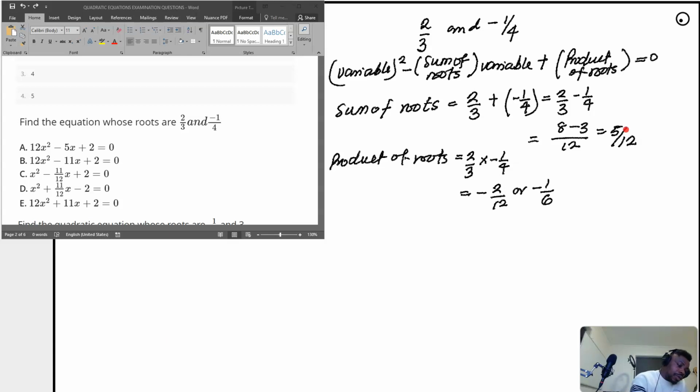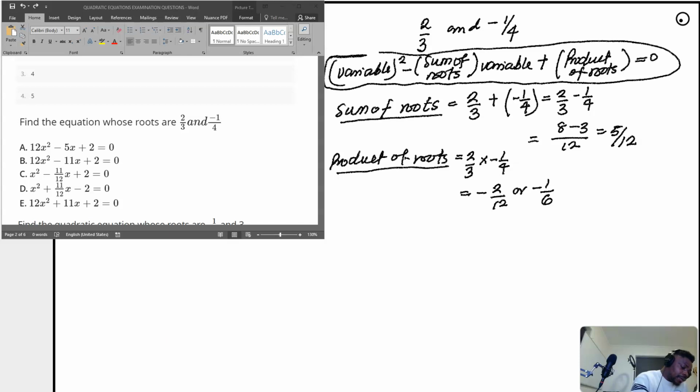So let's put the sum of roots and the product of roots in this equation that we have. Variable squared is x, so x squared. Sum of roots, we got 5 over 12. Then variable x plus product of roots, we got minus 1 over 6 is equal to 0.